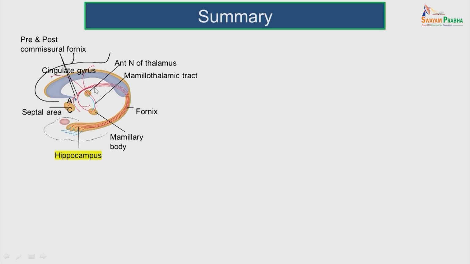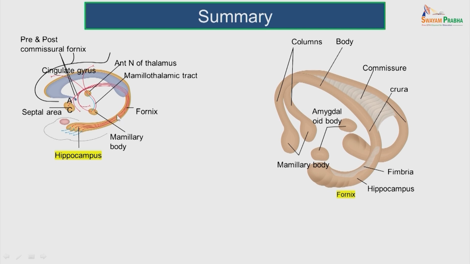From this anterior nucleus of the thalamus, it goes to the cingulate gyrus. So, in the Papez circuit, what we see is the same thing comes back from the cingulate gyrus to the hippocampus. And here you can see the parts of the fornix. The fimbria continues as the fornix, divides into two crura, then they unite to form the body, then again divide to form the columns, and end at the mammillary body.